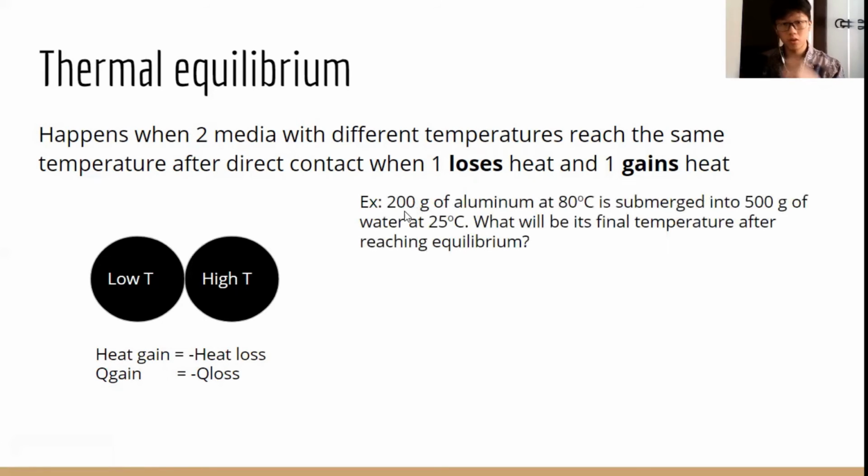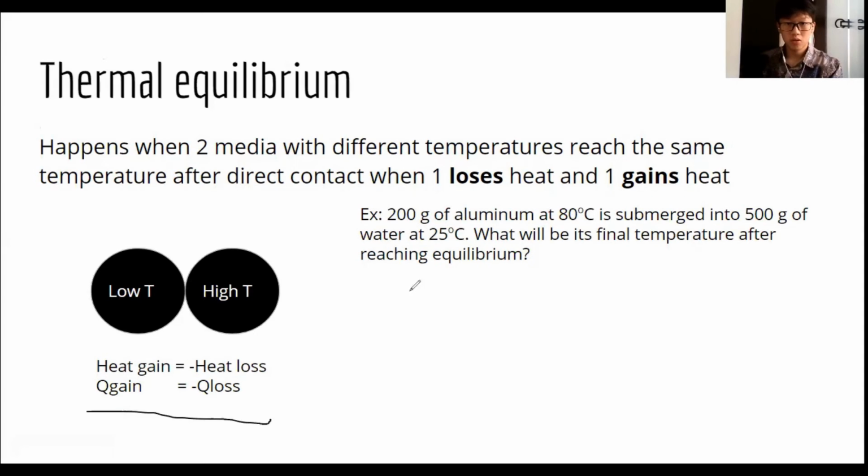So for example here, 200 grams of aluminum at 80 degrees Celsius is submerged into 500 grams of water at 25 degrees Celsius. What will be its final temperature after reaching equilibrium? So we follow the equation. So first we identify which one has lost heat and which one has gained heat.